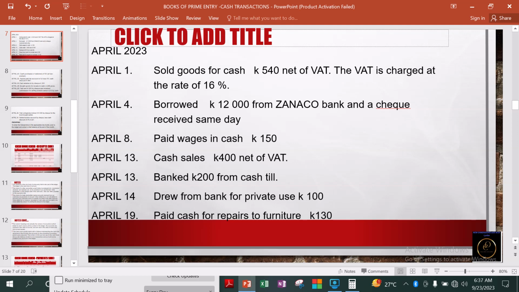Now, this is an example of a contra entry. When we talk about a contra entry, we refer to a transaction where a double entry is complete within the same book, the cash book in this case. There is just a relocation of this asset, cash, in this case coming from the till and taken to the bank.